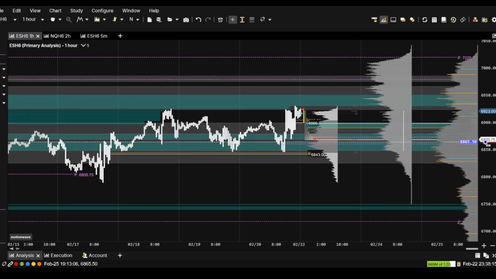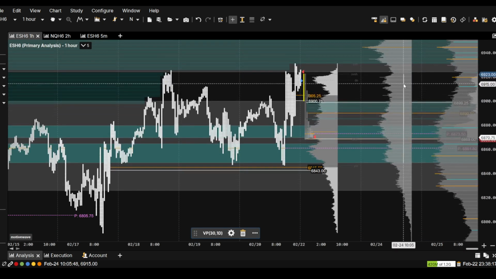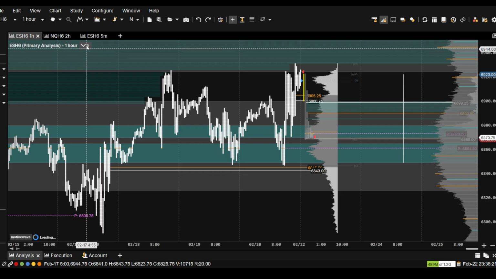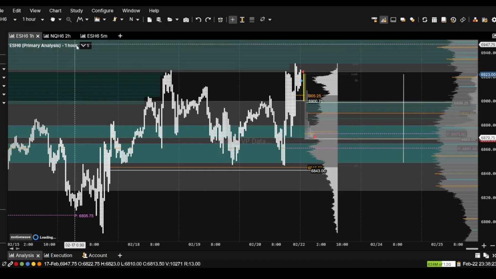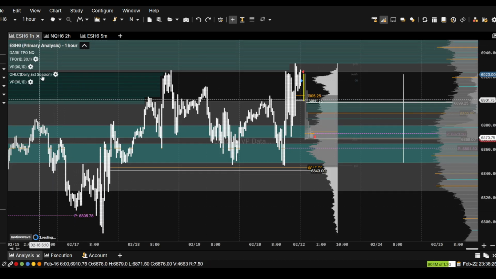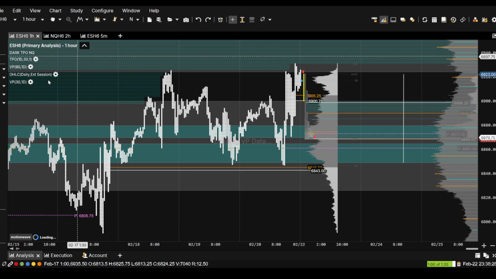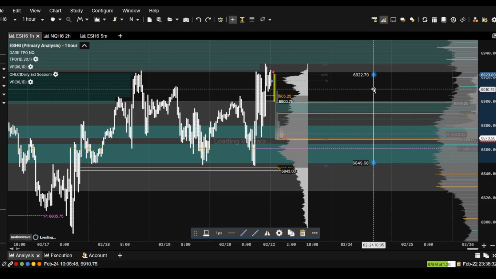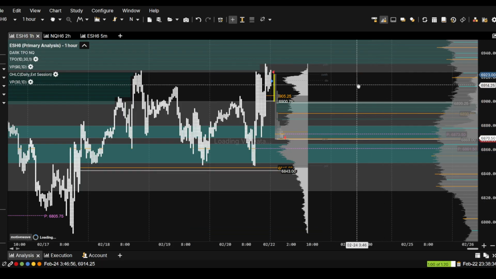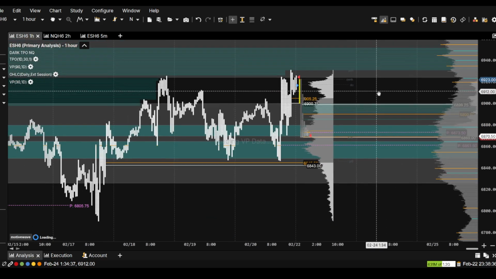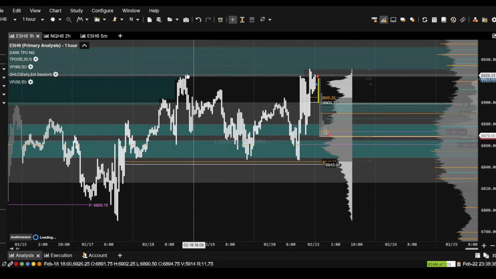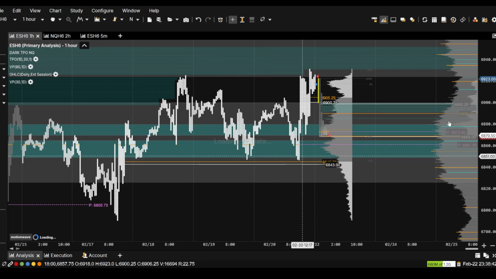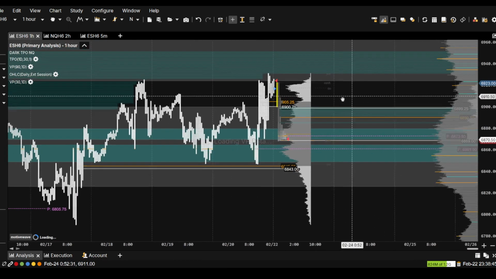I eliminated it, my mistake, my bad. So here we saw rejection and came back over again to the high volume node area.